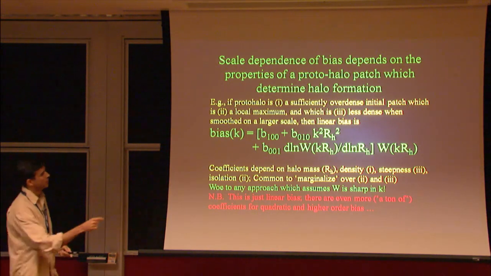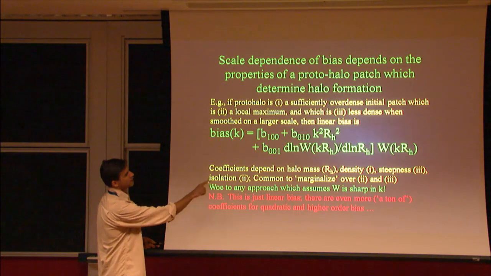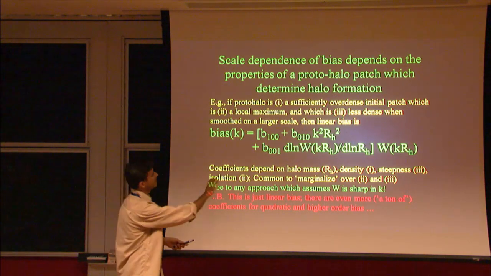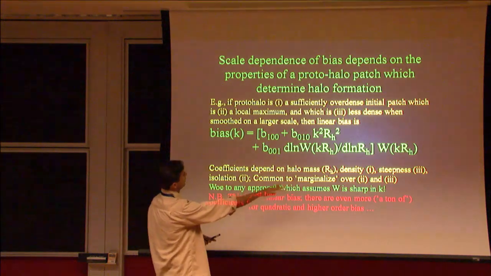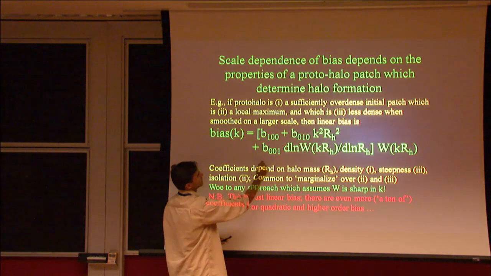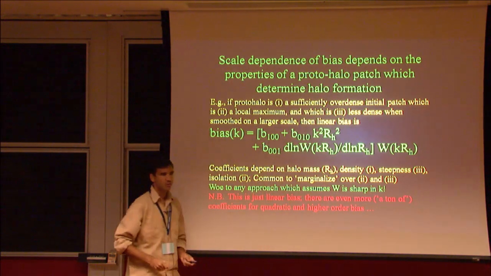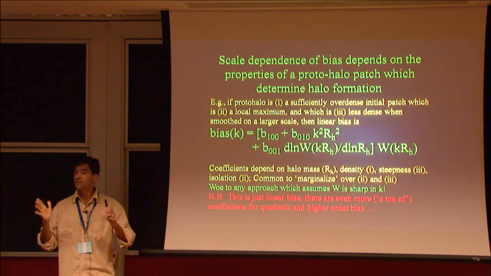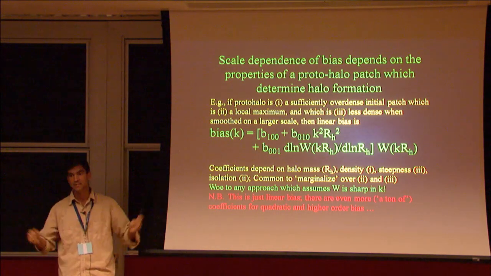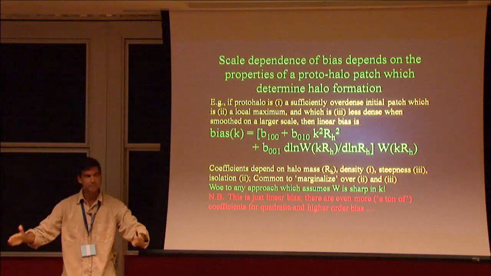The common approach is to say only halo mass matters, which means you've integrated out all the other parameter dependencies. So you're presenting an average value of B10, an average value of B01, and so on. Those are the values that people usually report, because they just paid attention to halo mass, not halo mass and steepness of profile.